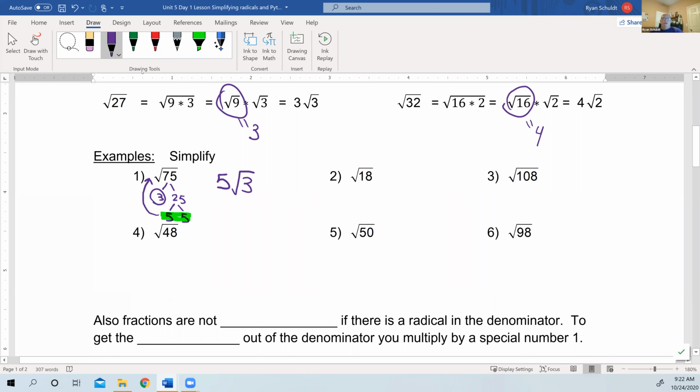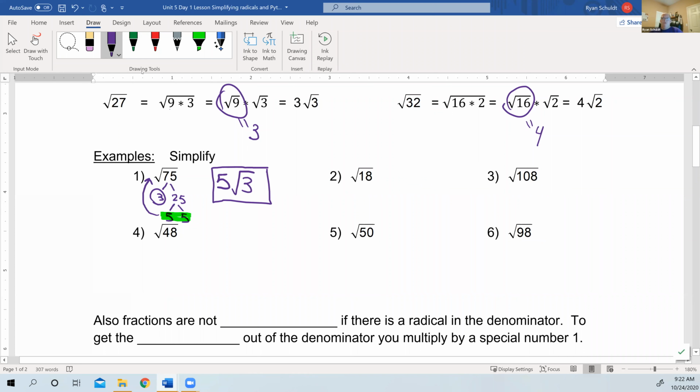The couple goes out on a date. Okay, let me back up. This is my answer here: 5 square roots of 3.